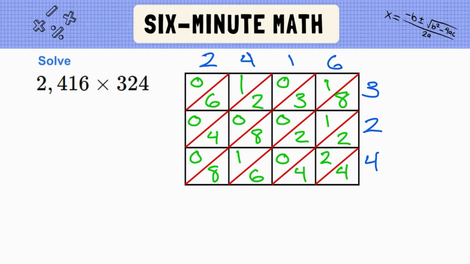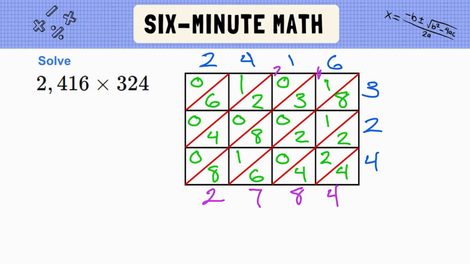Let's do our final adding on the diagonal. We have a 4 in the lower right. 4 plus 2 is 8. 6 plus 2 plus 1 plus 8 is 17. Drop a 7, carry that 1. 8 plus 1 plus 8 plus 3 plus 1 plus 1 is going to be 22.